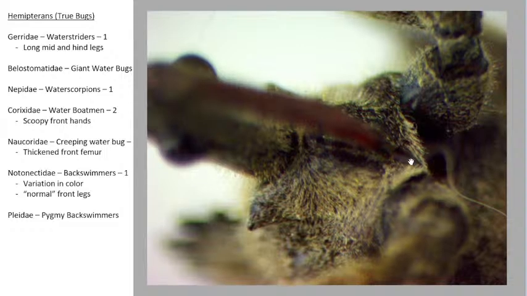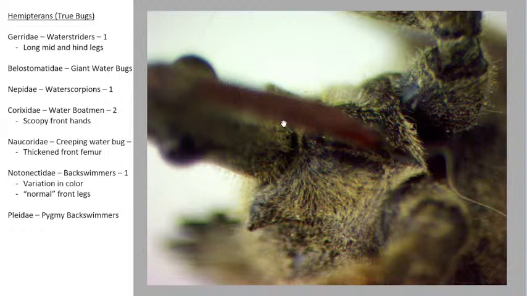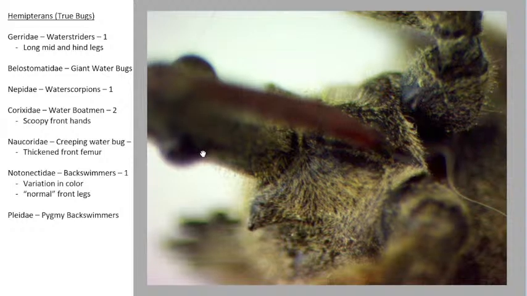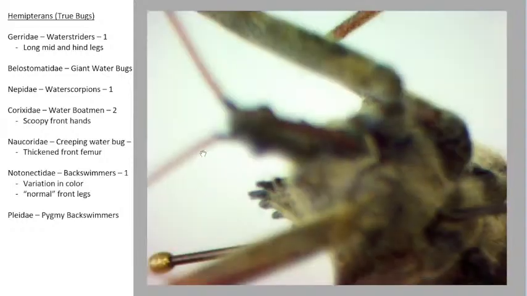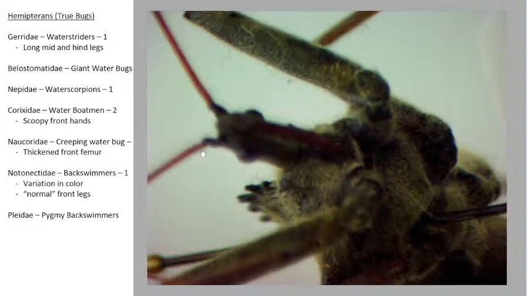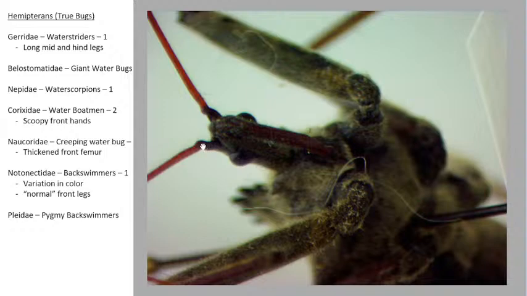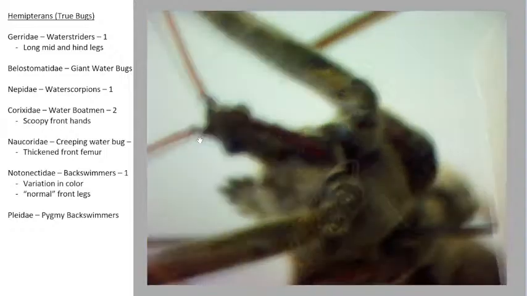But they all have what they call a striated prosternal groove, a groove that has some striations or lines in it, so that when the assassin bug moves its mouth part along this groove, it can make a squeaking or chirpy noise. Alright, and that's how you tell assassin bugs.